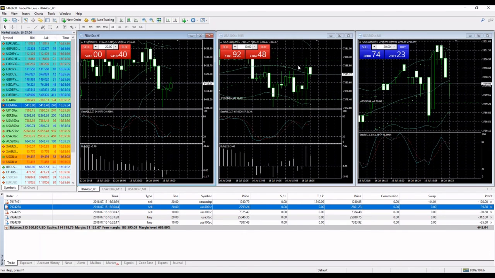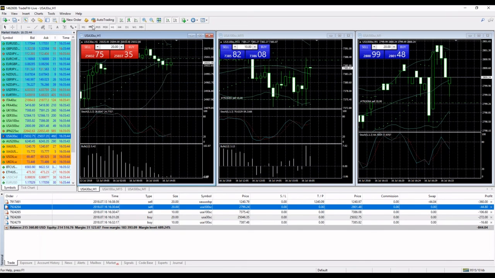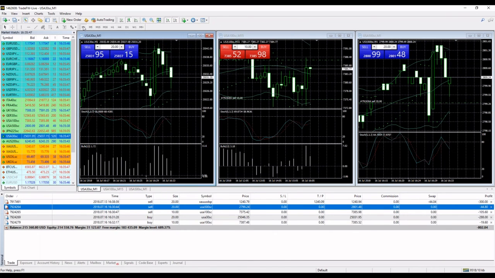My Dow Jones trade. Where is my Dow Jones trade? Here's my Dow Jones. I went long and it's dropping. Guys, I think I will close my Dow Jones trade, although I'm losing a bit. Today, somehow, the market was not much moving in our favor.